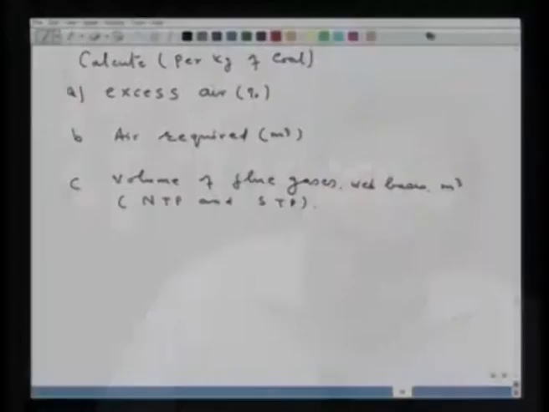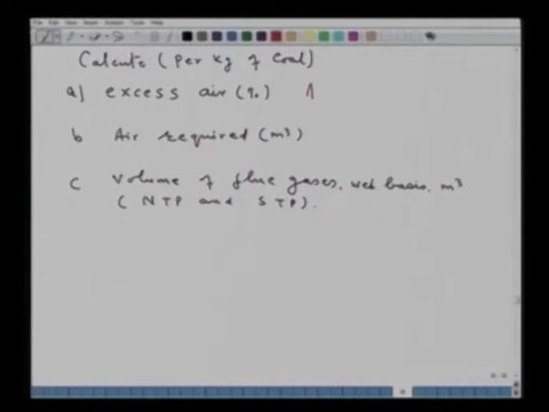If you do all these things, then the excess air for this problem comes to be 38.33%.